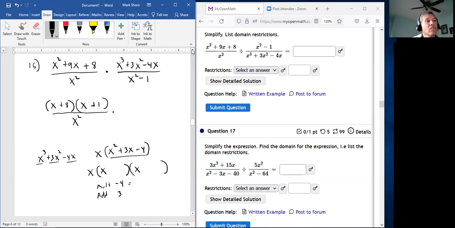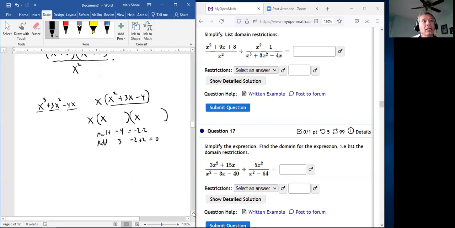So numbers that multiply together to give you -4. What are you thinking? -2 times -2? Well, -2 times -2 is +4, but you could do -2 times +2. That will work. But does -2 plus 2 add up to 3? -2 plus 2 is 0. So that doesn't work. So we've got to try two other numbers.